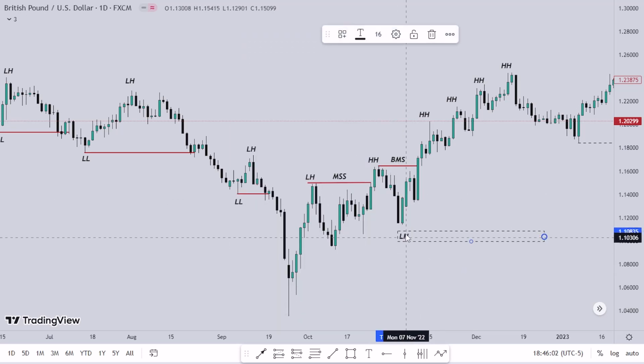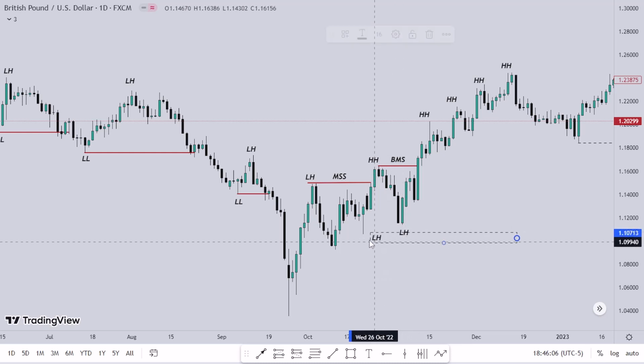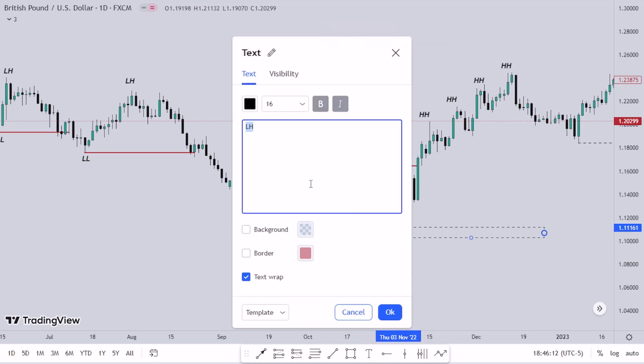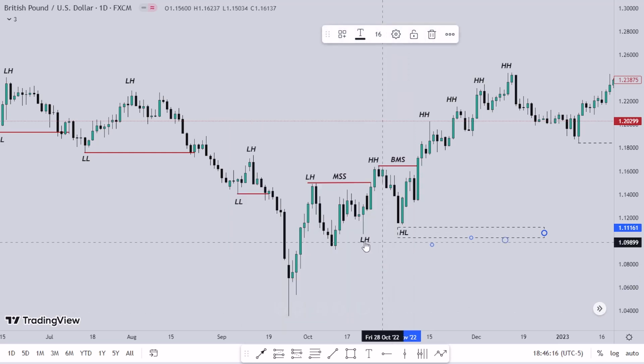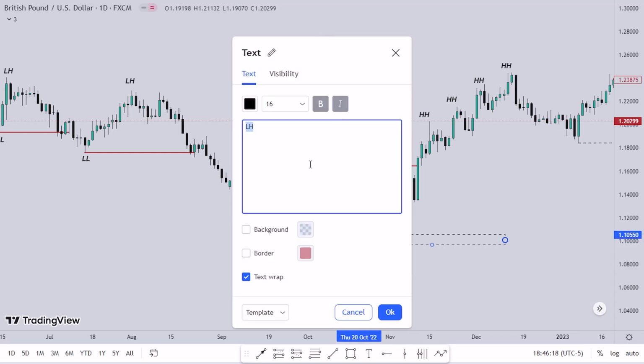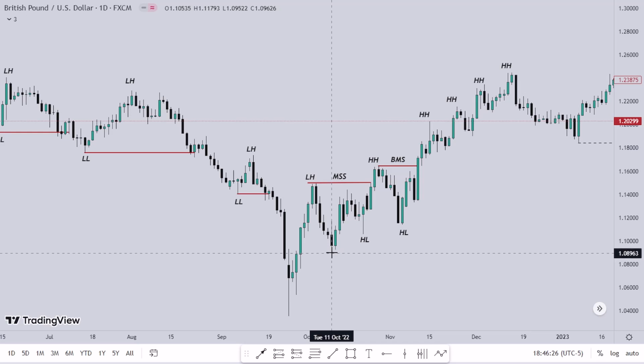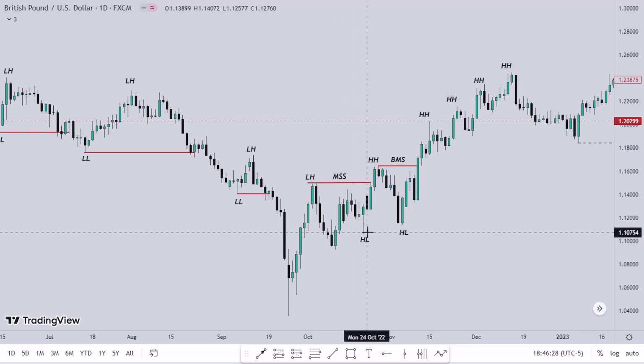A higher low, HL. Okay, higher low. This is a higher low because it is higher than the previous low. This is also a higher low.